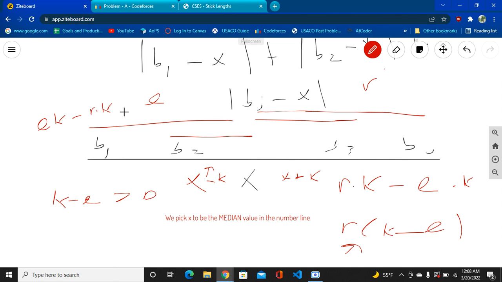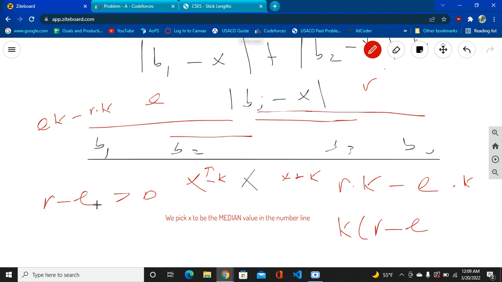Actually, did I do this wrong? Oops. K times R minus L. Actually, you prove that R minus L here.